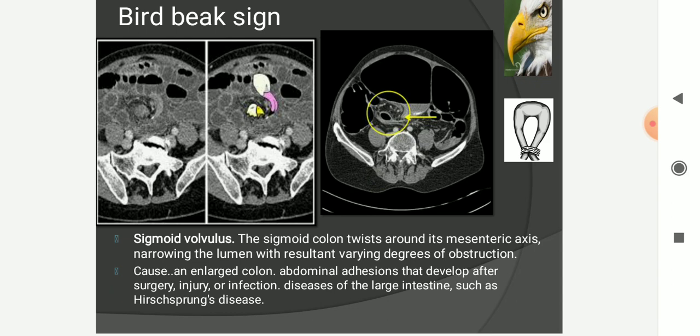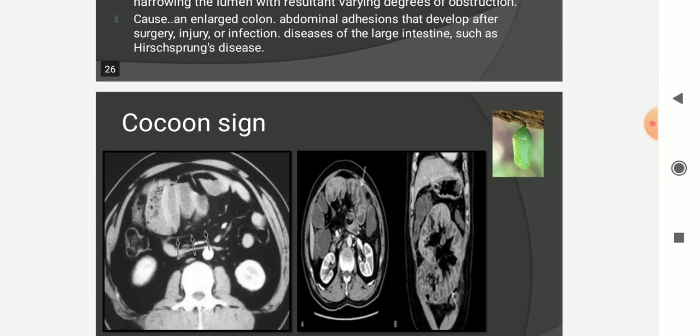So it is an obstructive disorder and it seems like a bird's beak. The causes are enlarged colon, abdominal adhesions that developed after surgery, injury or infections, disease of large intestine such as Hirschsprung disease, and this disease is more common in children and it is a congenital disease.